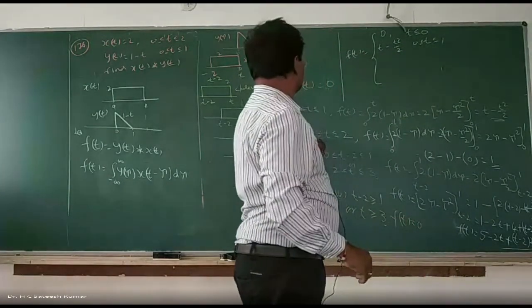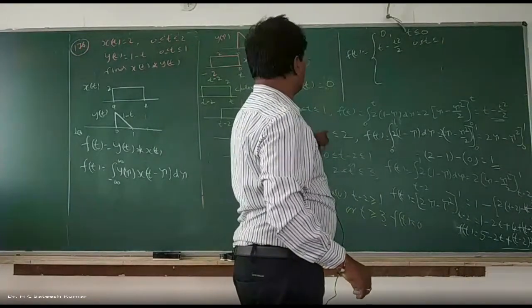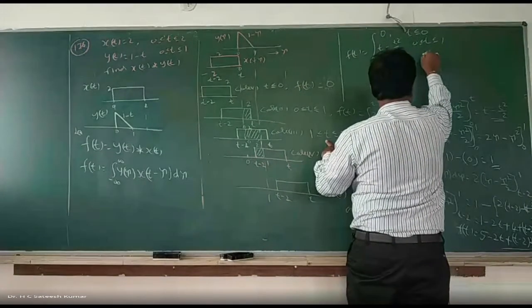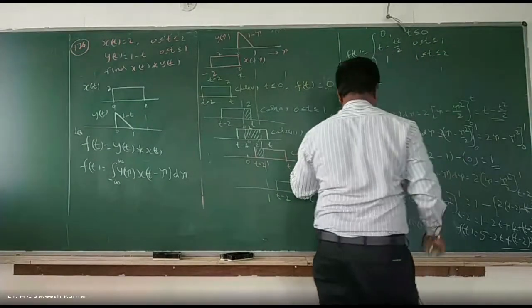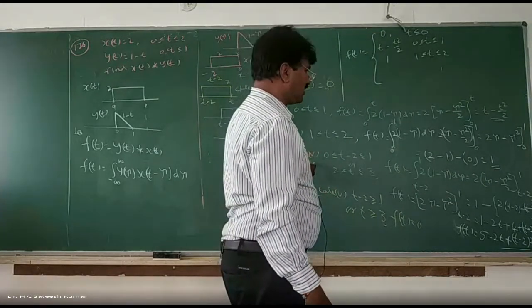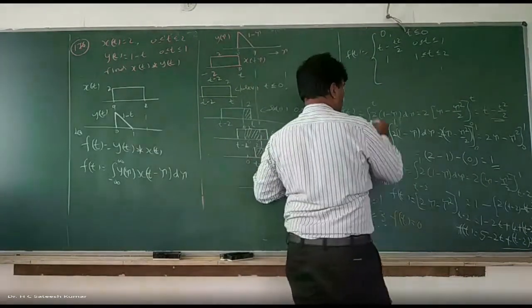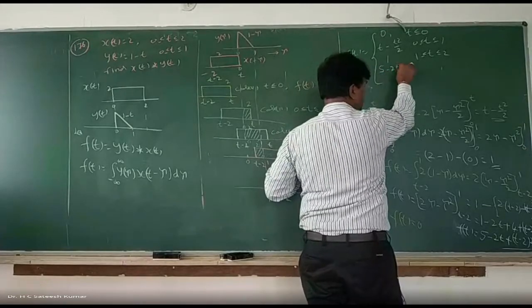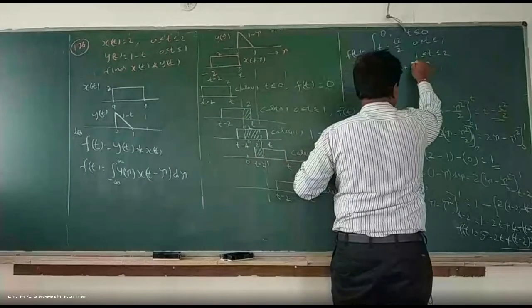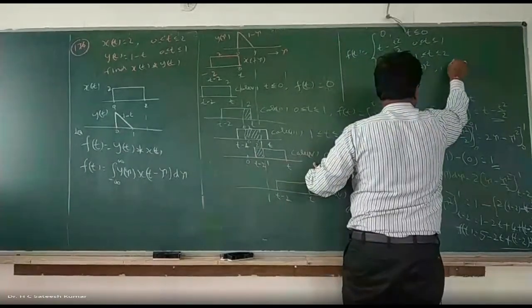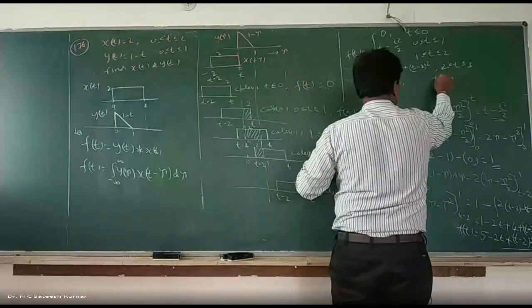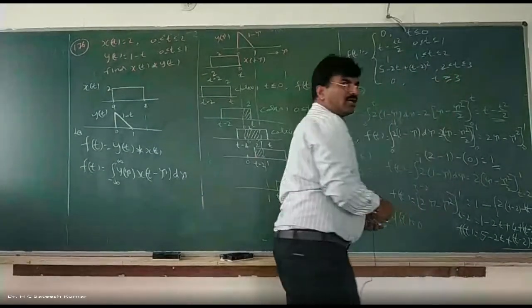Next one is equal to 1 for t lies between 1 to 2. And the fourth one is equal to 5 minus 2t plus t minus 2 whole square for t lies between 2 to 3, and is equal to 0 for t greater than or equal to 3. Okay, right. Cases you verify.